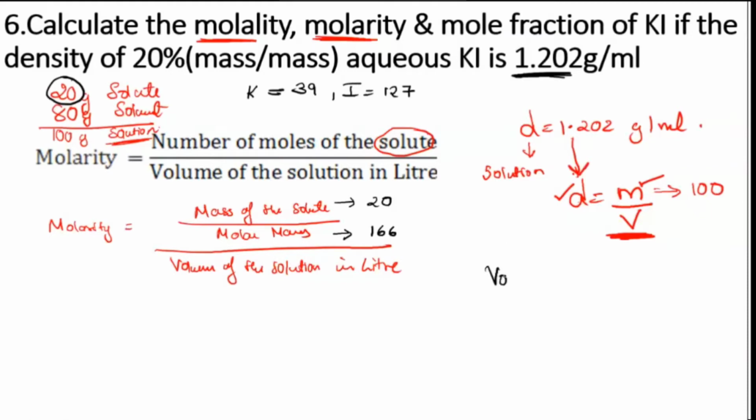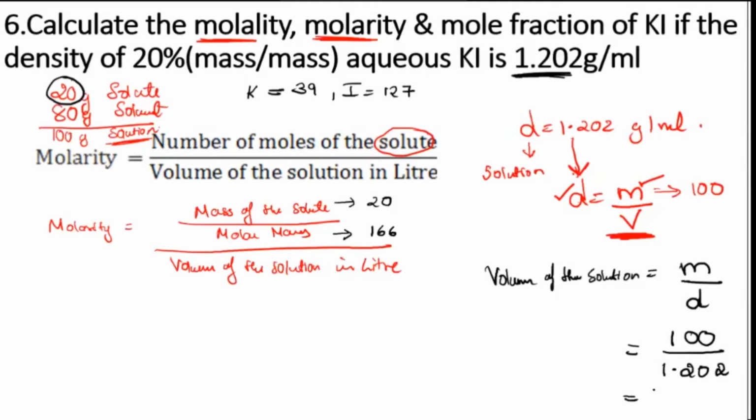Volume of the solution will be equal to mass by density. Mass here is 100 divided by density 1.202.